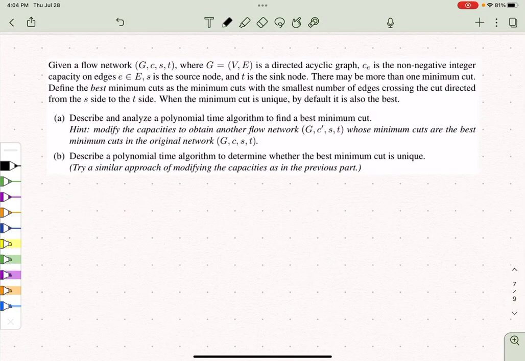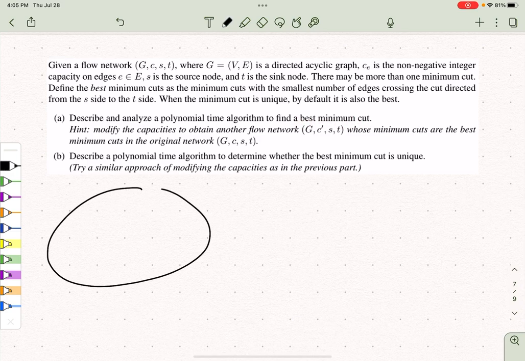Okay, so now that we have the ability to check for unique minimum cuts, we can talk about the best minimum cut. The best minimum cut is a pretty simple idea. It's just saying if you have multiple minimum cuts, can you just pick the one that has the fewest number of edges?